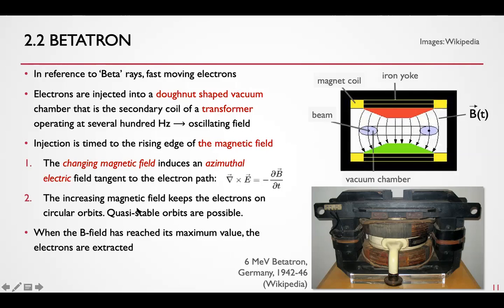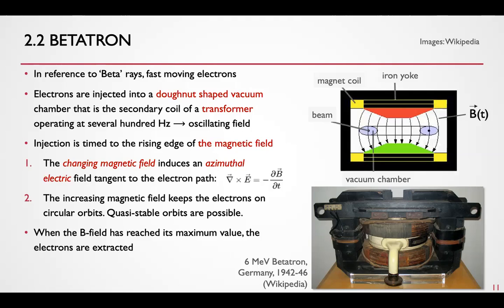At the same time, because the B field increases, it makes a stronger Lorentz force, and because the energy of the electron increases by the curl of the E field, the magnetic field also increases and keeps the particle in stable orbits.